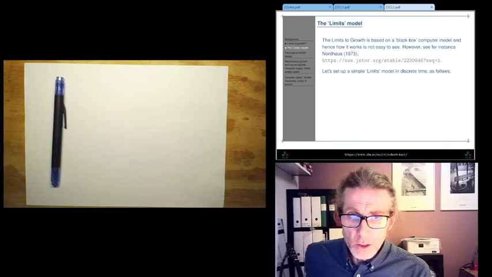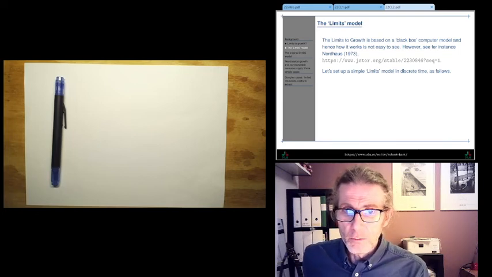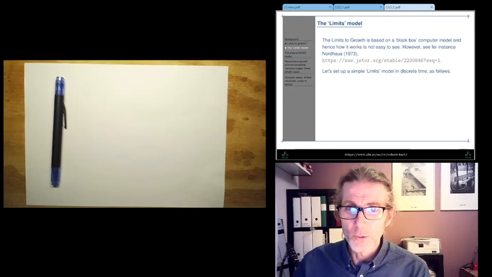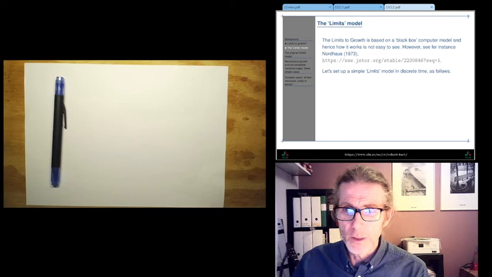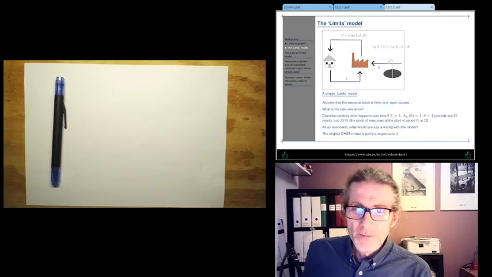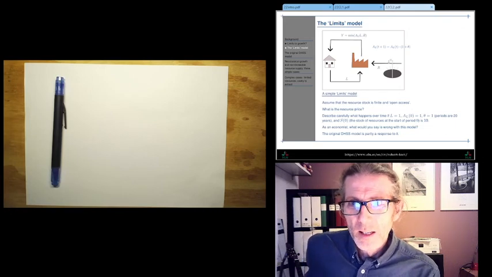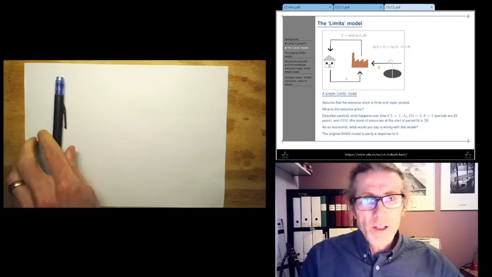So what I'm going to do is just set up a super simplified toy version, capturing some of the key ideas from the limits model. Okay, and here it is. So what have we got here? Maybe I'll start drawing here.